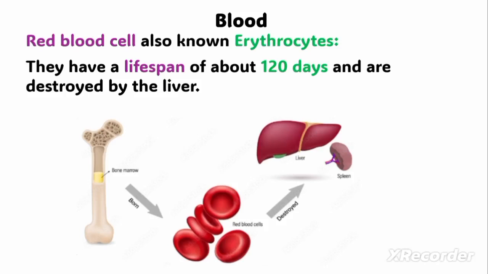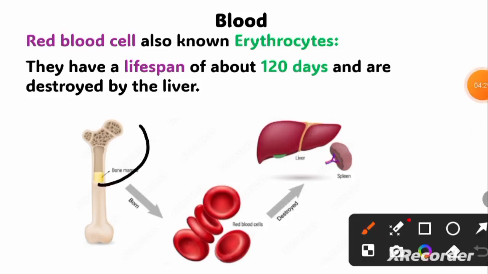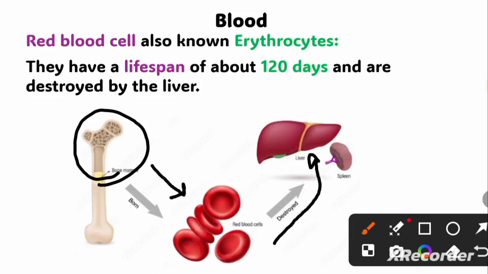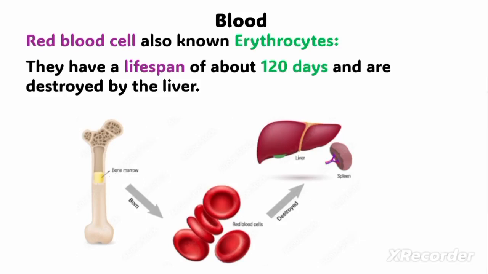The red blood cells are produced by the bone marrow and are sent to the blood vessel. Then after this period, which is 120 days, or we can say 4 months, these old red blood cells are sent to the liver so that they can be destroyed.